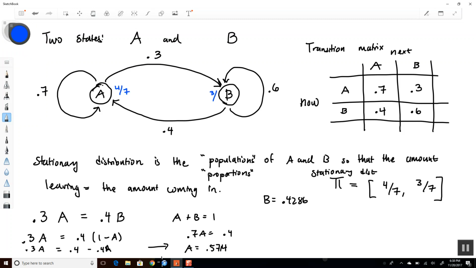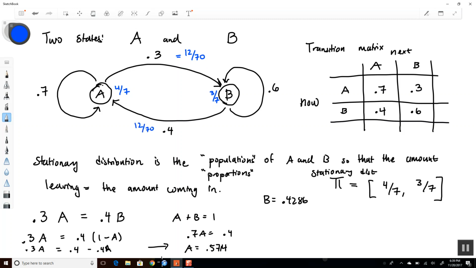3/7, we can see 4/7 times 0.3 would equal, I don't know, 1.2/7, so 12/70. And then same thing over here, we will have 12/70 going this way.